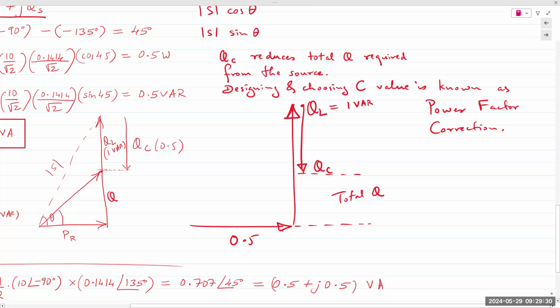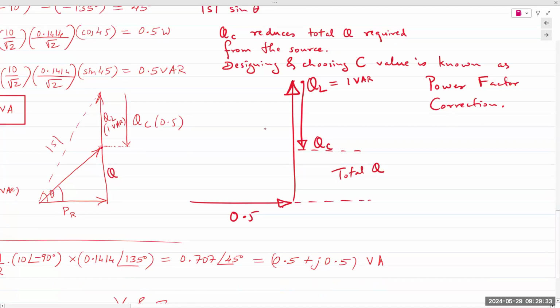Okay, that is power factor correction. So again, without QC, your power required would be this. But with QC, it's only this much. So it's now reduced. Make sense?